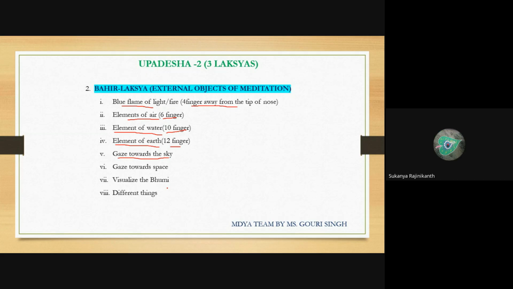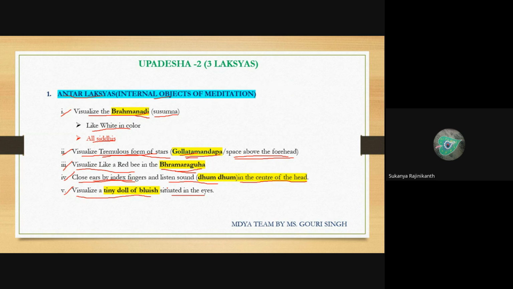Yes, ma'am. In the Antarlakshya, first point and third point, we have to concentrate on the Agnya Chakra. Brahmanadi, that is Sushumna, means it is Bhrumadhya only, right? Sushumna means Sushumna Nadi, like Ida and Pingala on the right and left.